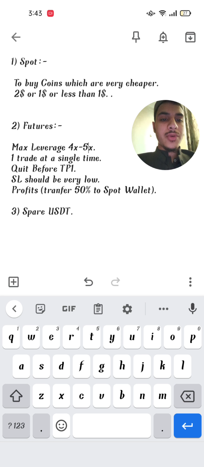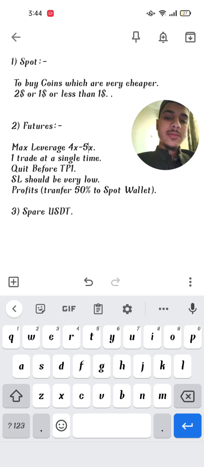You can keep on raising it, keep on raising it, unless if it comes down, so you will also quit in profit. If it keeps on going upward, you will be having more profit till TP1. So this is the fourth thing that you should be careful about while trading futures.